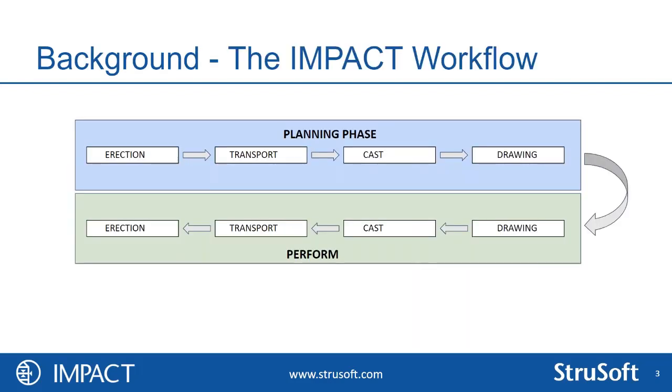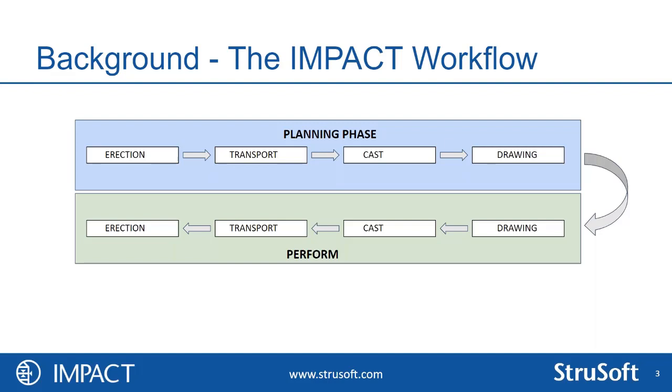All right, so the background and the Impact workflow. Try to see yourself visualizing a structure, a building that is finished. How did it get there? Somebody had to do some planning in the beginning to make a plan for this building.